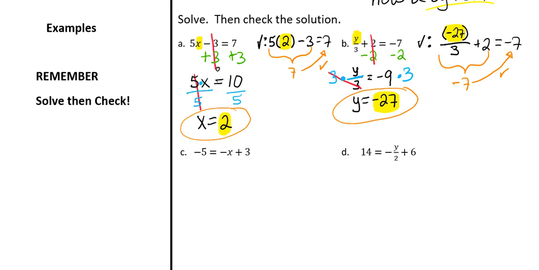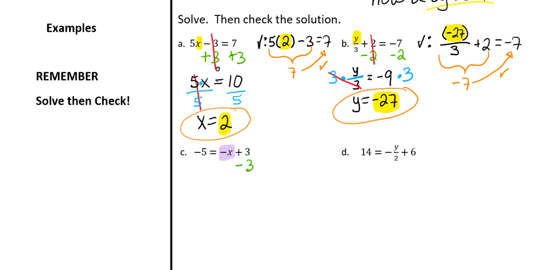So as we look at letter C, it says negative 5 equals negative x plus 3. And this one can be kind of tricky because right here, what that is really saying is negative 1 times x. But we don't usually write that. So we're going to go ahead and get rid of that.